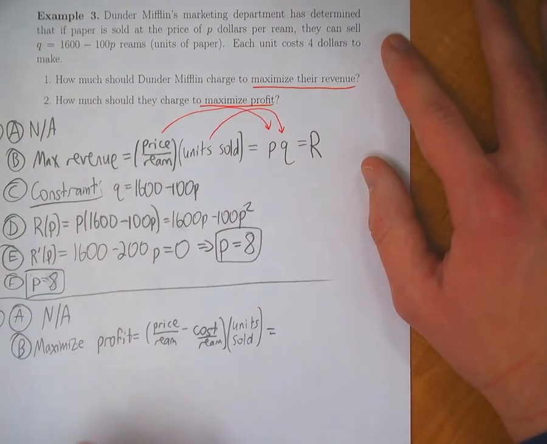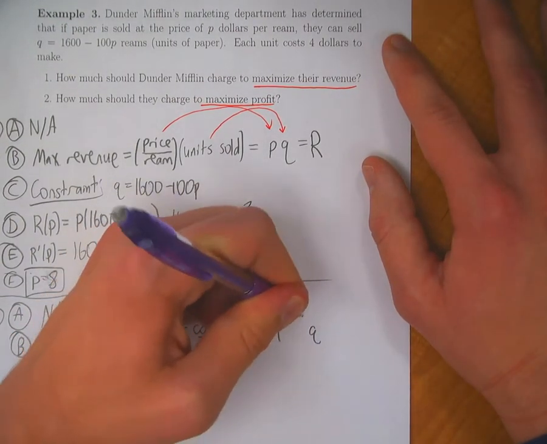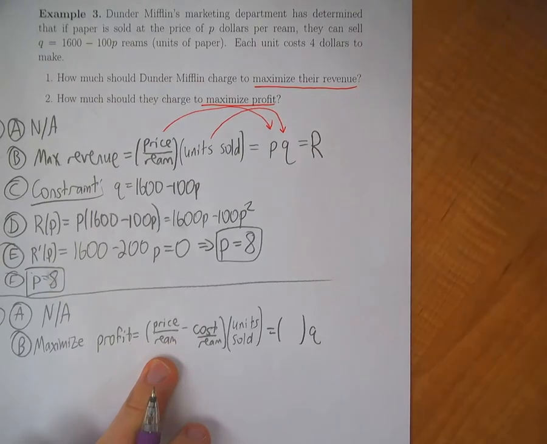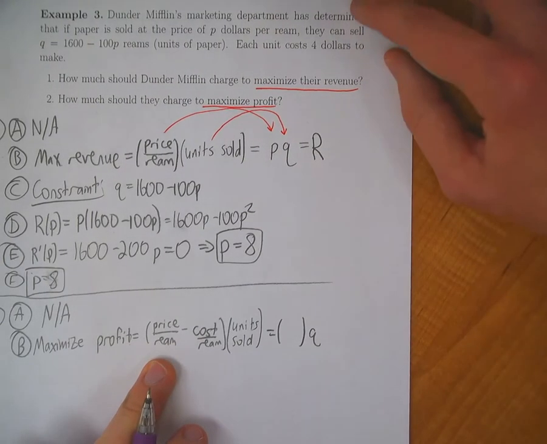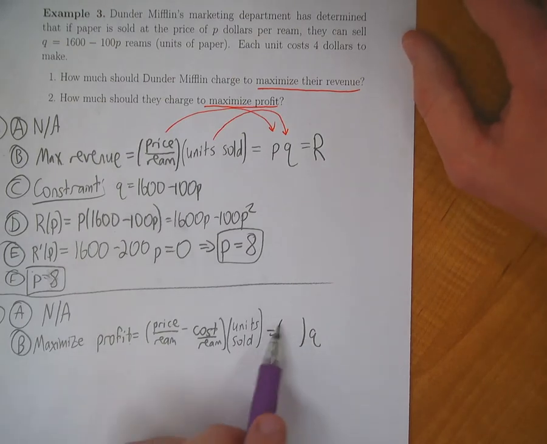So as before, the units sold is still Q, so nothing changes there. The price per ream is still P as before. But now each unit costs $4 to make, so what does that say about what changes here? What would go inside here based on our definition of profit?